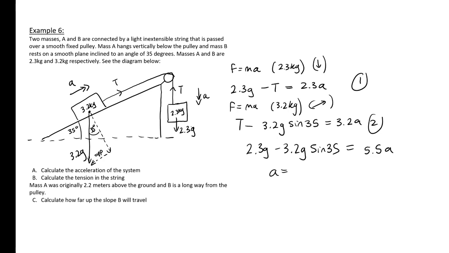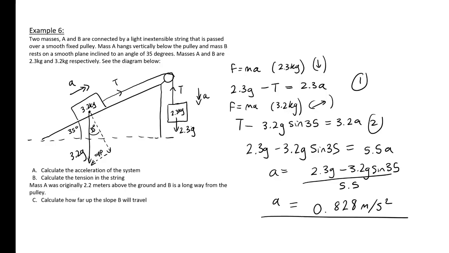If we rearrange that, that will be 2.3g minus 3.2g sine 35, divided by 5.5. And that makes the acceleration 0.828 meters per second squared.